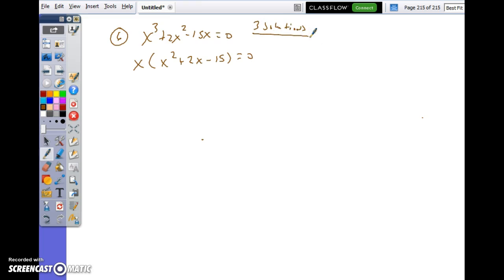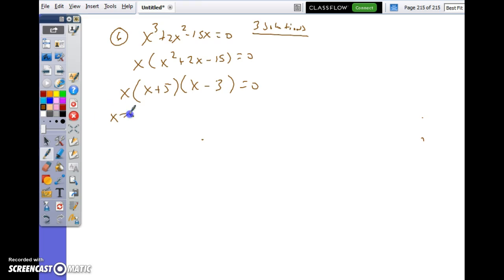I need to find them. So now I'm going to factor. It is x plus 5, x minus 3. So my solutions are going to be where each of these little factors equals 0.